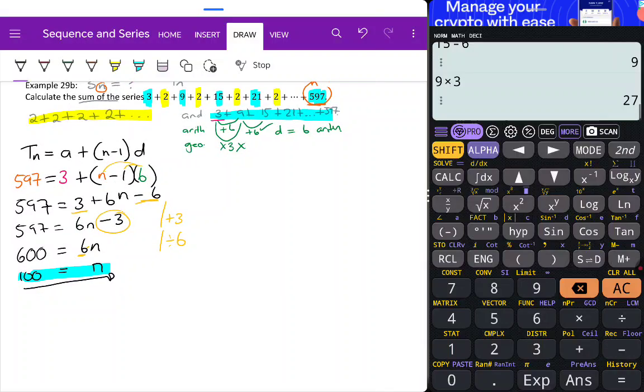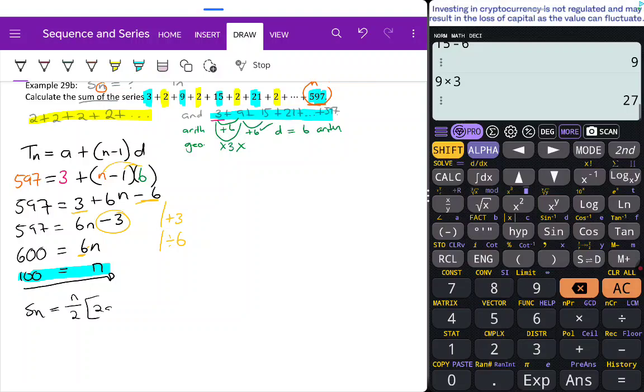So now we're going to do the Sn of the blue sequence, and we said this is arithmetic. As an arithmetic sequence, it's going to be n over 2 square bracket 2a plus n minus 1 times d.